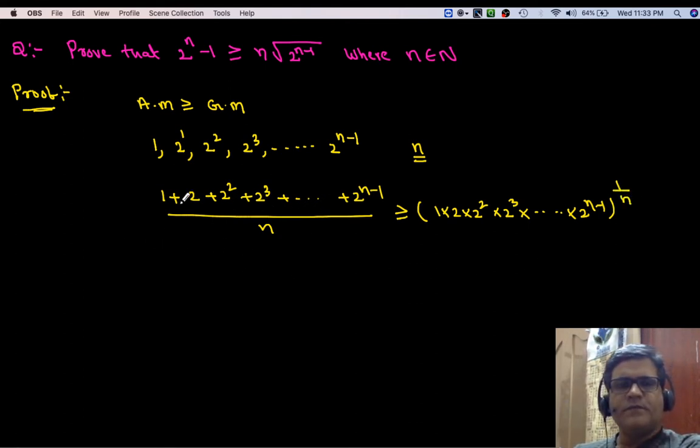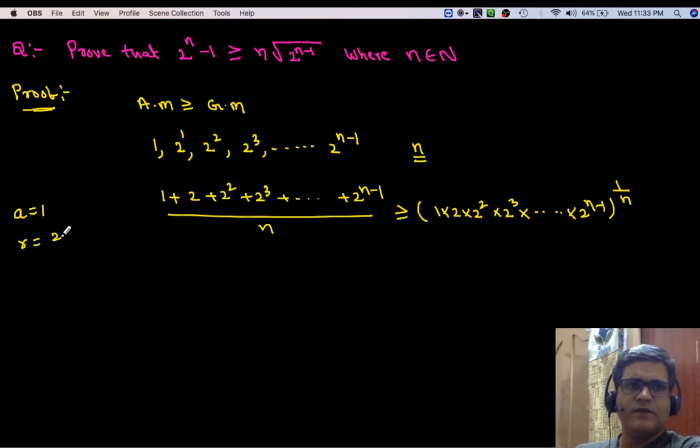So this numerator in left hand side, in numerator, it is a geometric progression in which first term a is 1 and common ratio, that is 2 by 1 or 2 square by 2, etc. that is 2, and number of terms are n. So sum of n terms of a geometric progression is what?